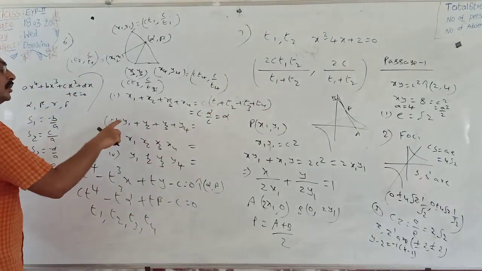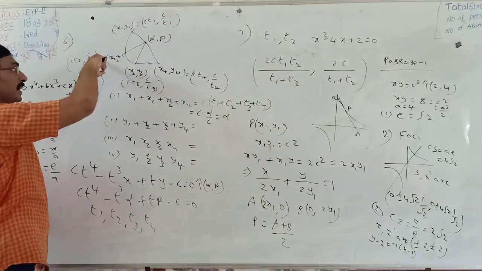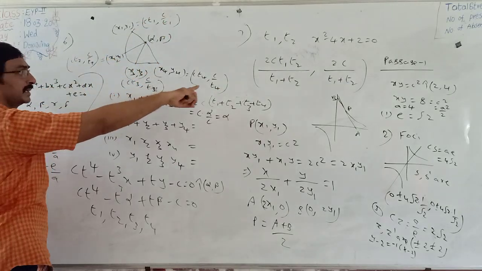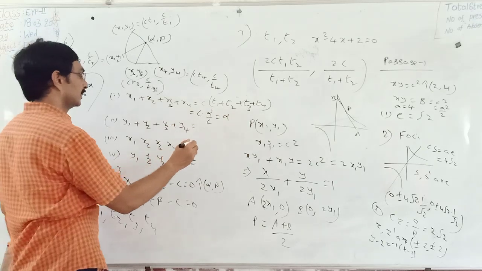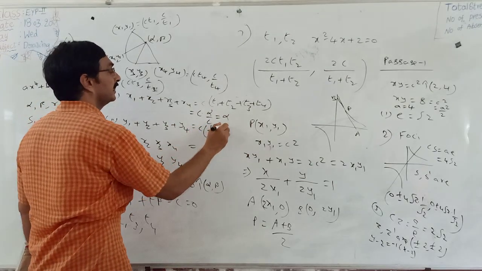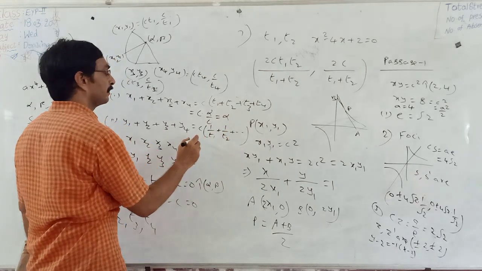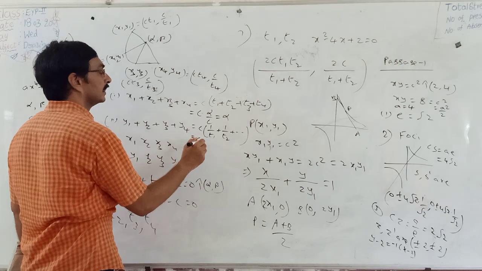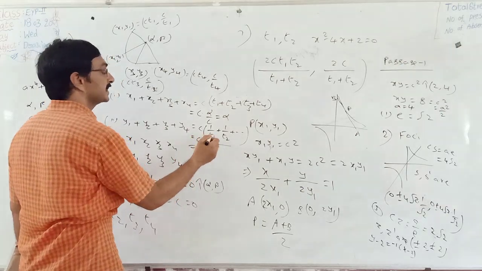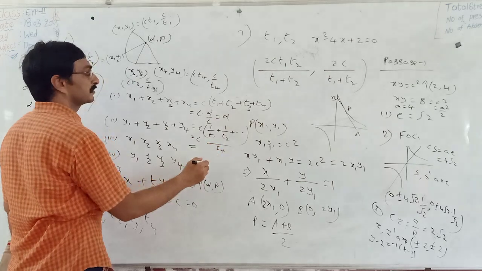that is equal to alpha. Next, y1 plus y2 plus y3 plus y4 is c by t1 plus c by t2 plus c by t3 plus c by t4, that is c into (1 by t1 plus 1 by t2 plus 1 by t3 plus 1 by t4). On simplifying, the LCM is t1 t2 t3 t4, meaning S4.